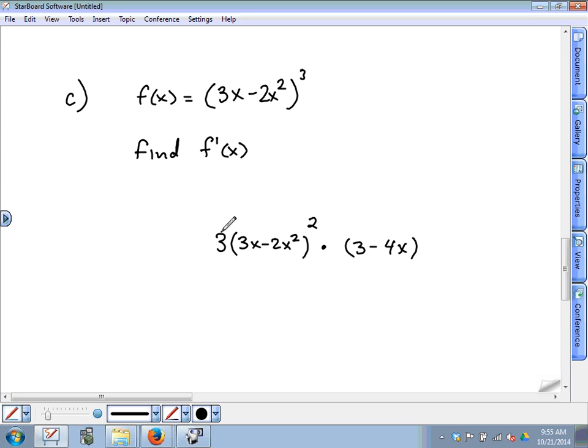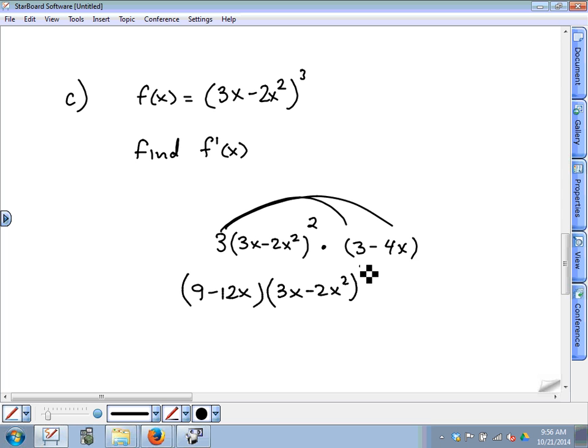And then take this 3. Don't distribute it into this parenthesis because you can't, but you can take the 3 and distribute it to the other one. So this is going to be 9 minus 12x squared, and that's how I would leave it.